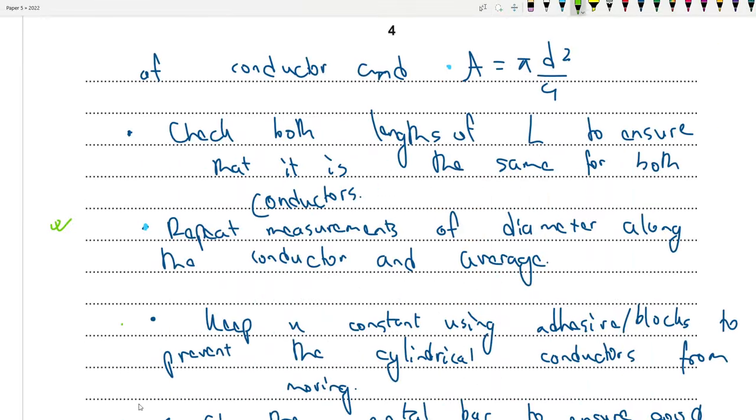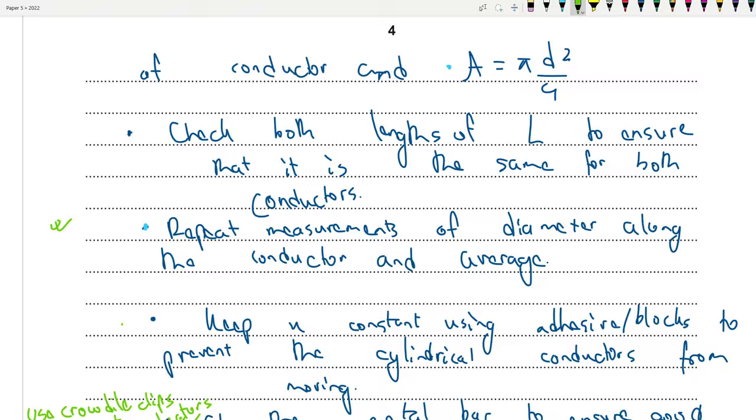Either you could say that you can clean the metal bar, or you can use crocodile clips to connect circuit to conductors, to ensure good electrical conductivity. Same point.